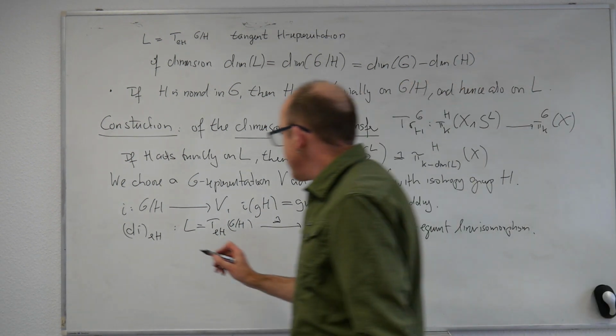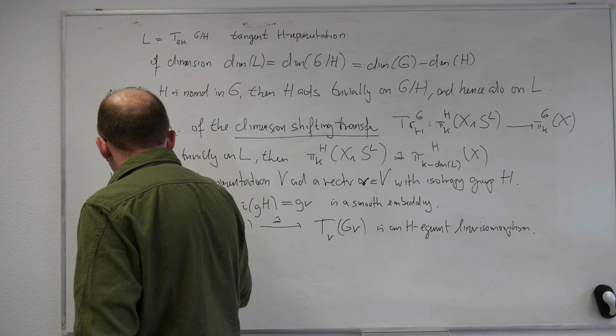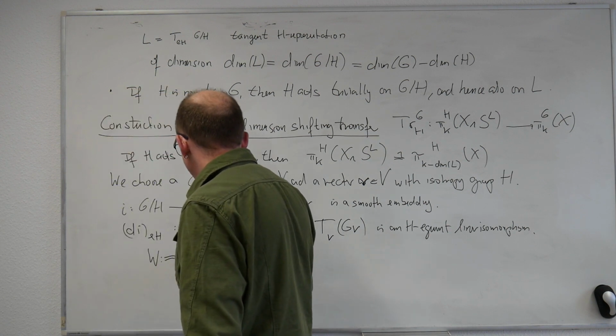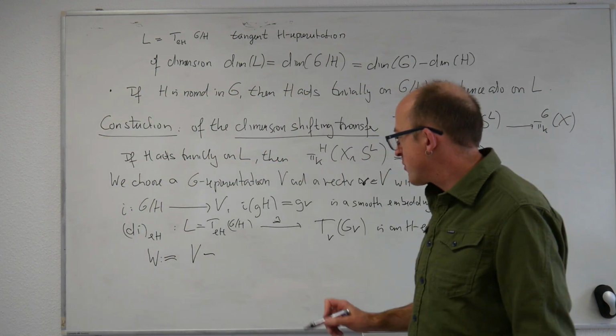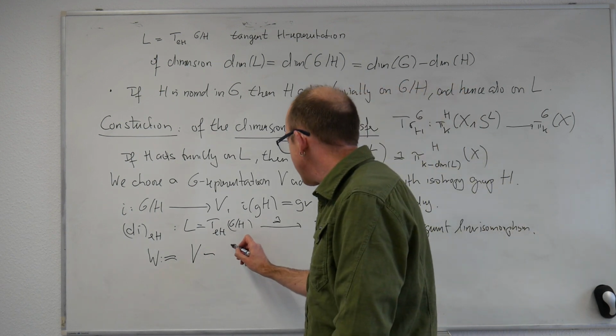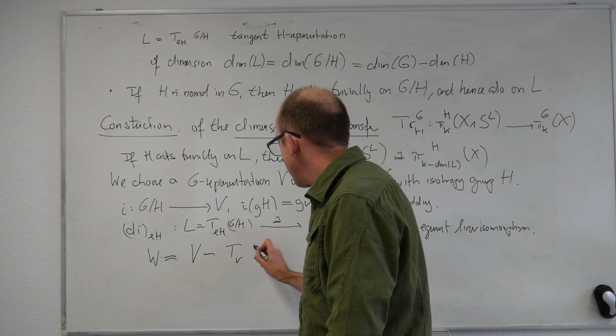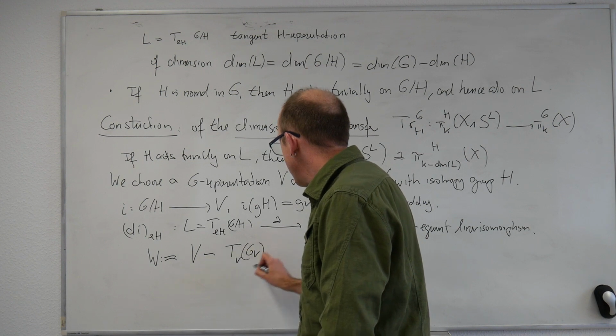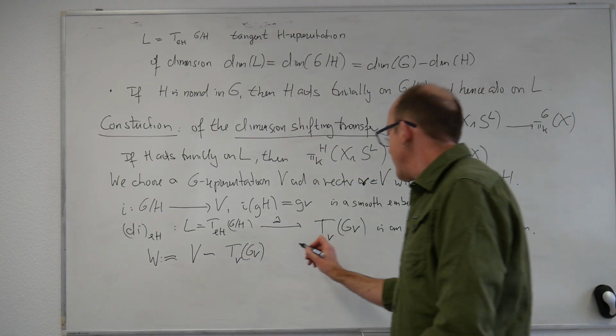So now we'll define W as the orthogonal complement. So V has an inner product. This minus sign is not the set theoretic complement, it's the orthogonal complement of the orbit in here. And this is again an H representation.